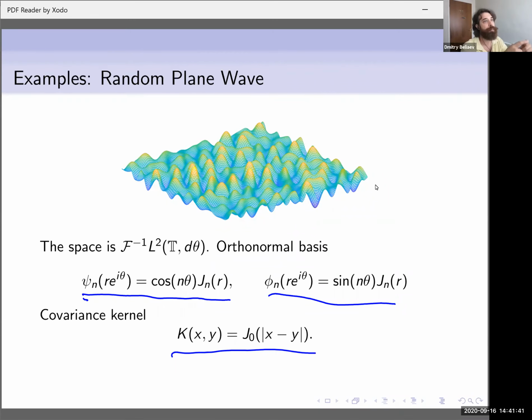So it's one-dimensional measure living in two-dimensional space. And then you take inverse Fourier transform of this L2 space. And so these functions, sines and cosines times Bessel functions, they are Fourier transforms of z to the n that form natural basis in L2. Okay, so this is our another important example.